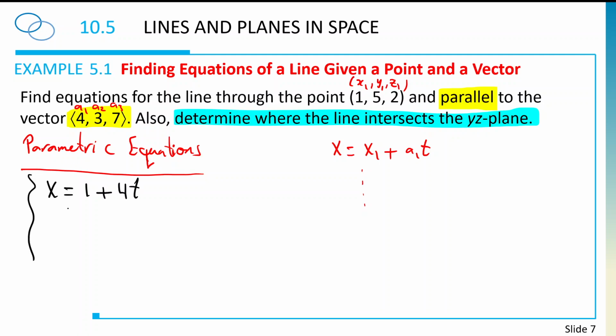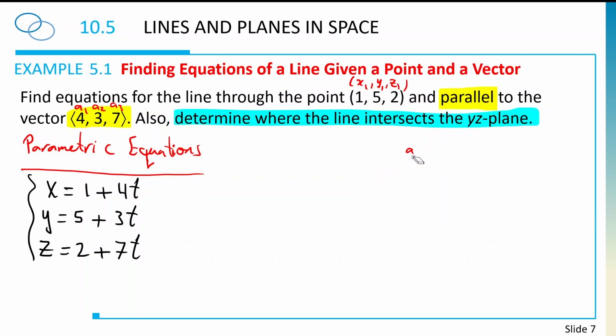Simple. y equals y1 plus a2t. z equals the third one, 2 plus 7t. Very simple, directly. And then we need to find the symmetric equations.